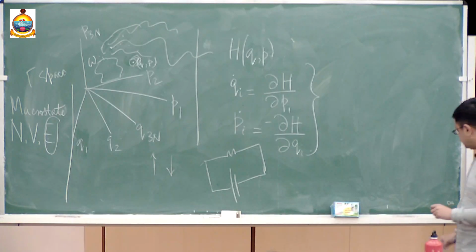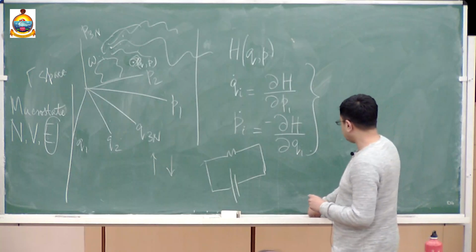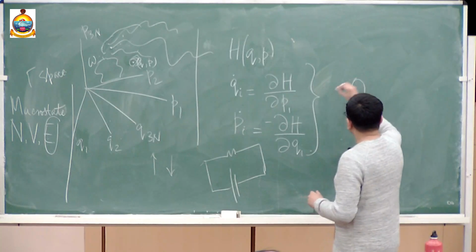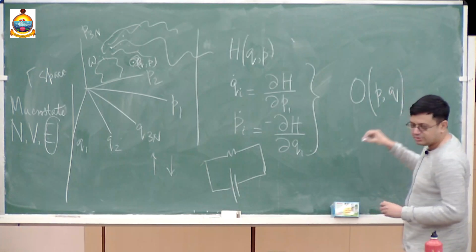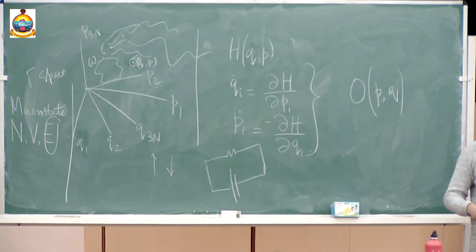So let's say I have some quantity which will generally be a function of P and Q. You give me the values of P and Q, and I plug those values into the expression that I have of an observable quantity O, and then I get a value.